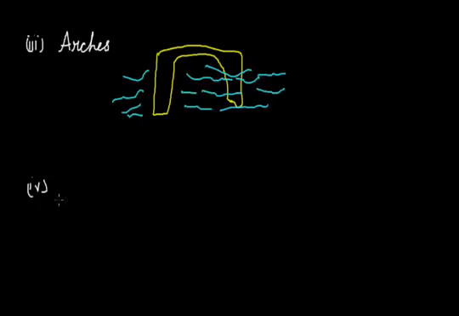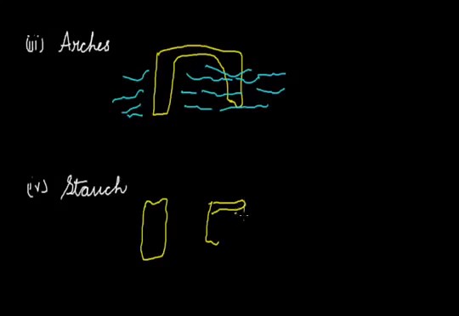So this leads to the formation of a stack. A stack is formed when the roof of the arch is eroded, leaving only the two poles or two pillars remaining in the area, standing in the water.